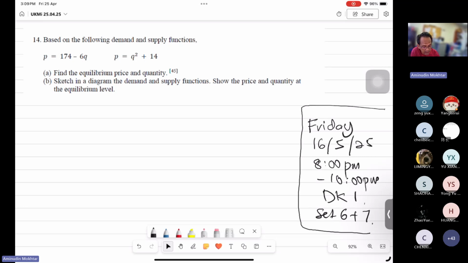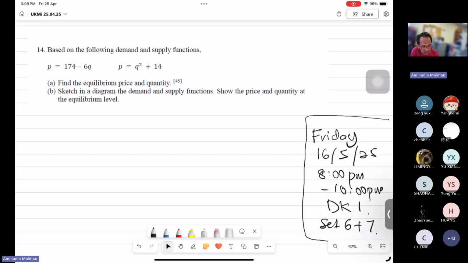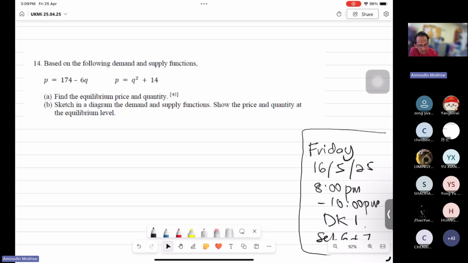Okay. So let's look into this question number 40, exercise topic 1. Based on the following demand and supply function, P equal to 174 minus 6Q, and P equal to Q squared plus 14.